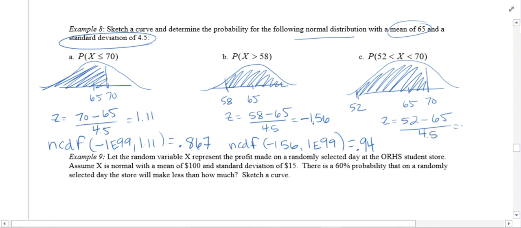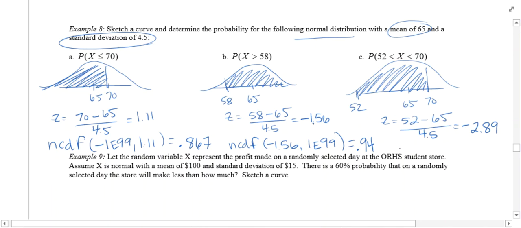Okay, so find that z-score. Okay, so this you should get a negative z-score. It's below 65, so negative 2.8889.